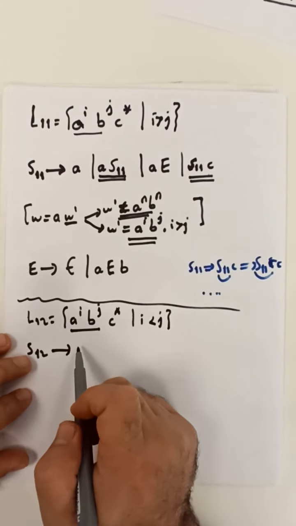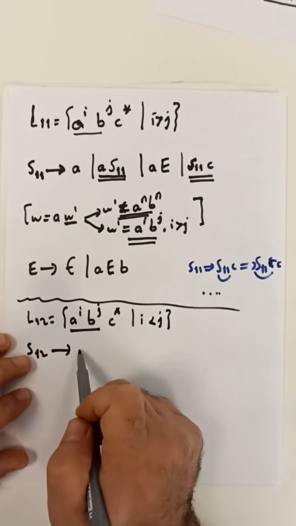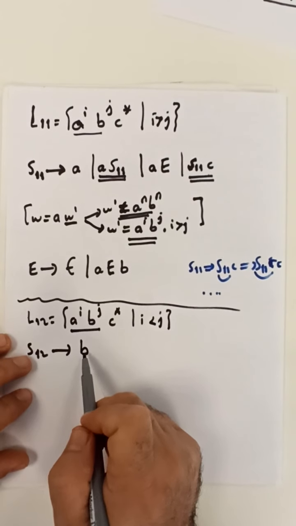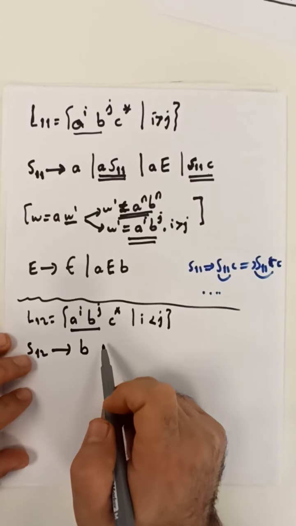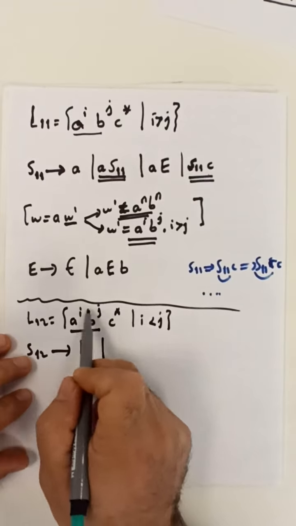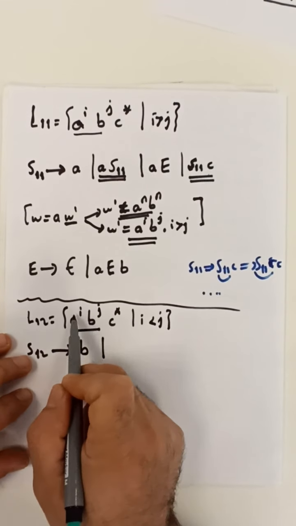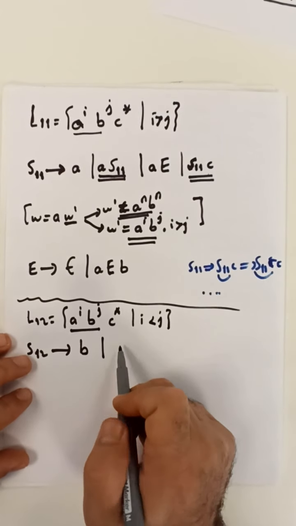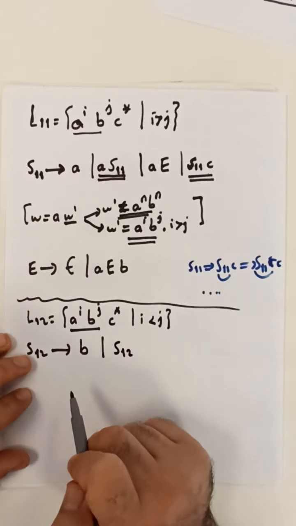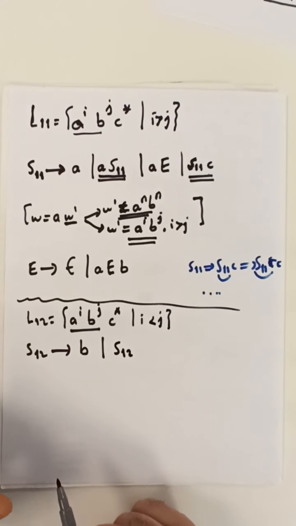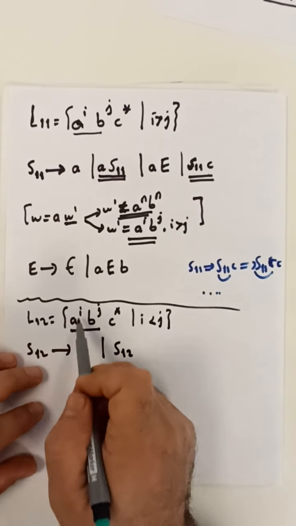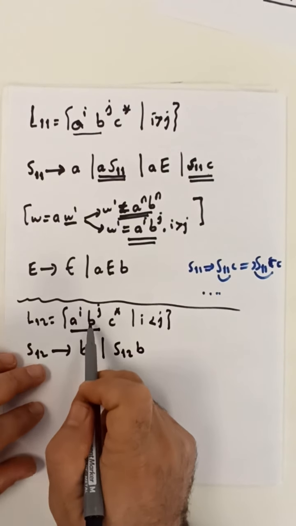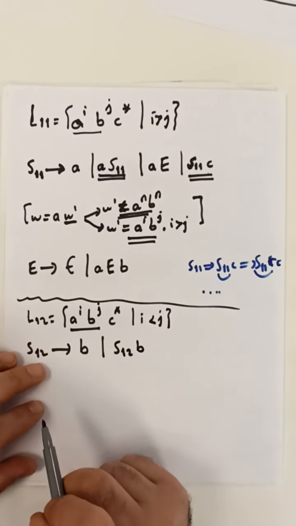The shortest possible string with I less than J will be just B itself, because we have more B's than A's in this simple string. Assuming that S12 is already capable of generating shorter strings belonging to this language, I can just add yet another B at the end of such a string and get a longer string that belongs to L12.